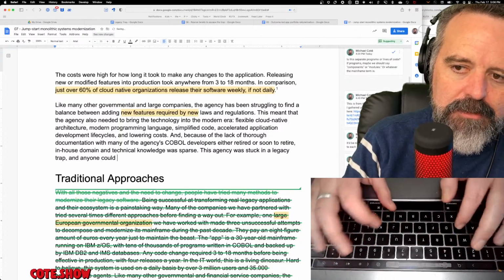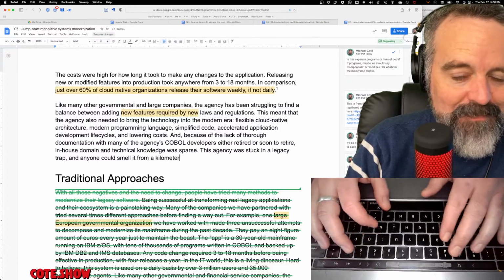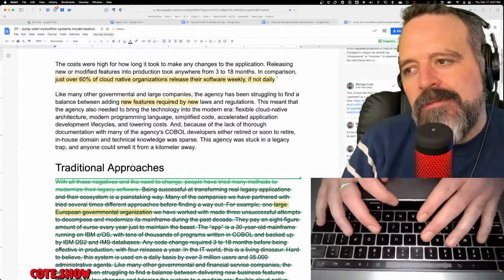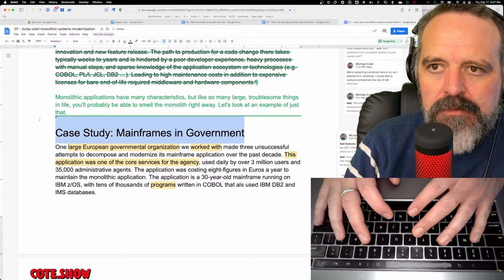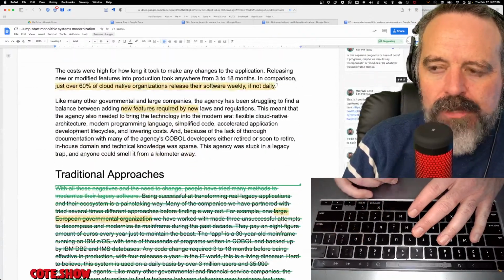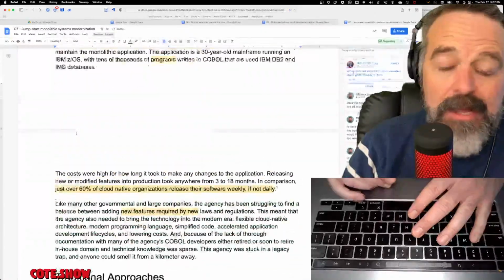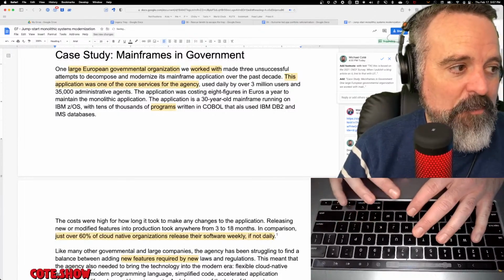And anyone could smell it from a kilometer away. All right, well, that's good for today. I mean, it's good in so much as that's what I can do and have done.